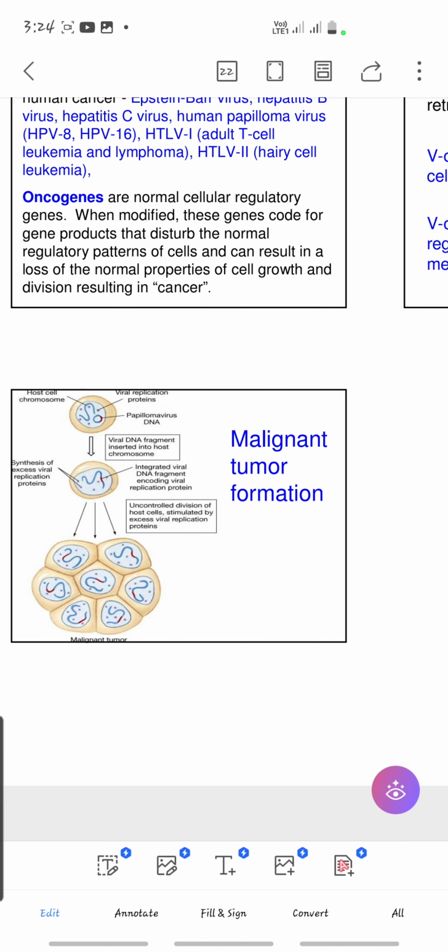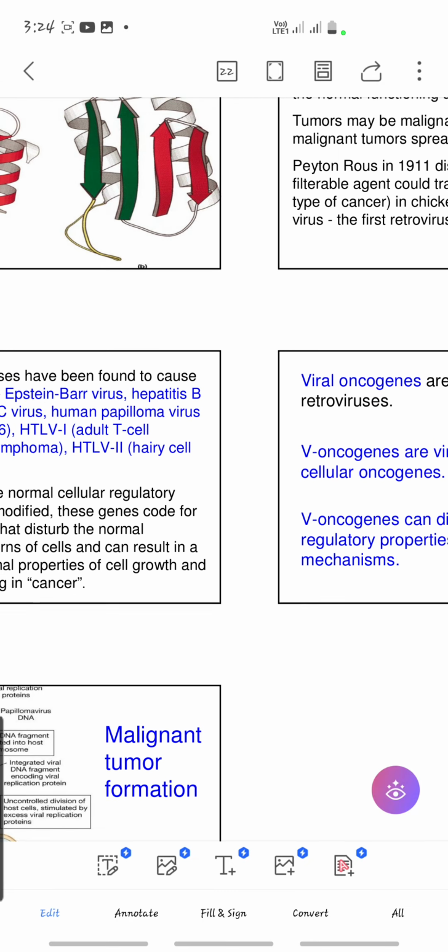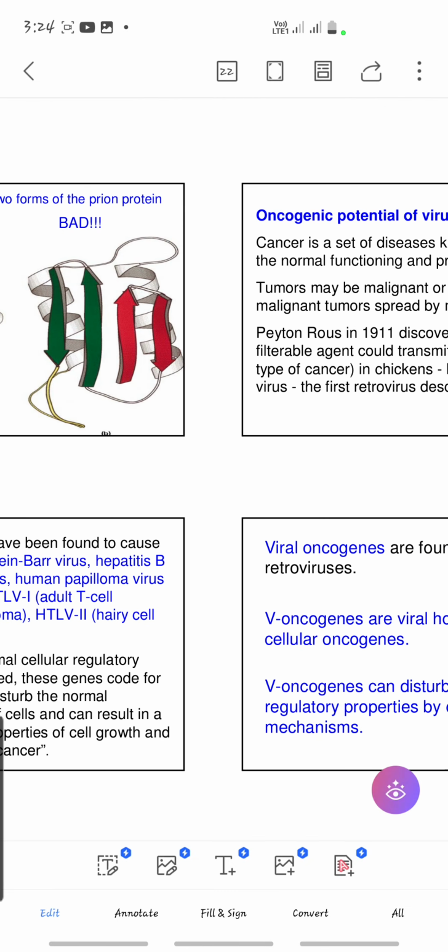For malignant tumor formation, as you can see, this is the process of how the tumor forms and why it is called malignant. It is also produced by the oncogenic potential of viruses, or human oncoviruses. Always remember it came from the cause of cancer.